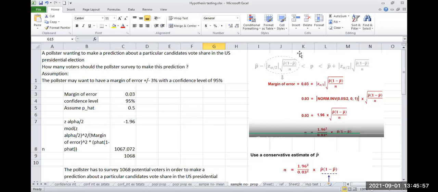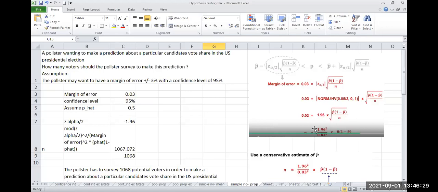Here your margin of error is given as plus or minus 3%, so 0.03. Here it is equal to z alpha by 2 square root of p hat into 1 minus p hat by n. In the last problem it was sigma by square root of n. So depending upon whether we are interested in mean or the proportion, the formula is changing. Everything else is the same. You have to calculate the n value.